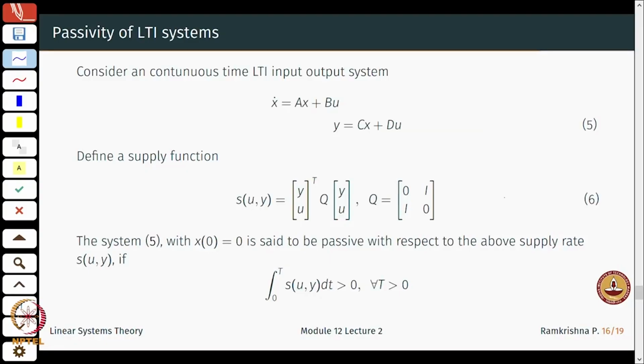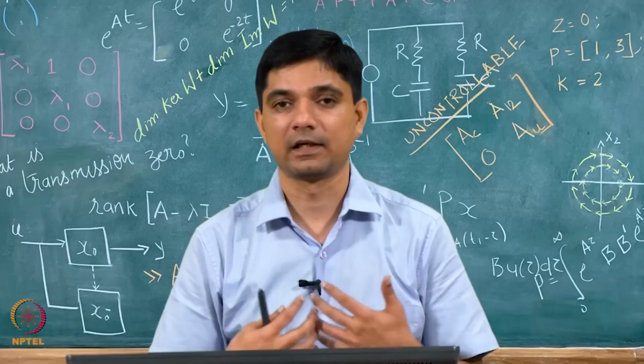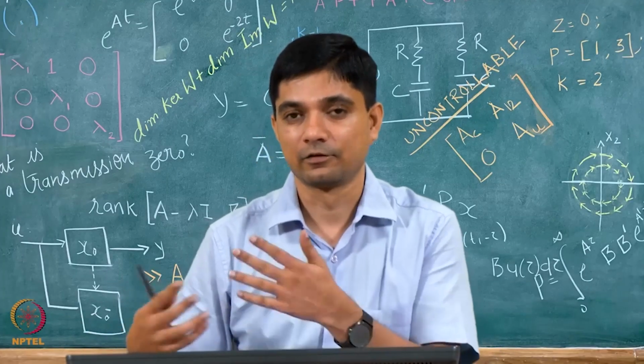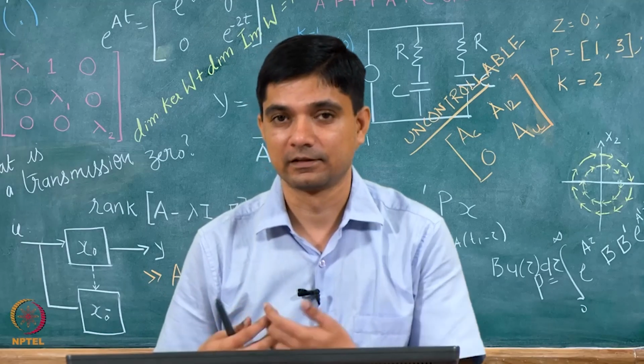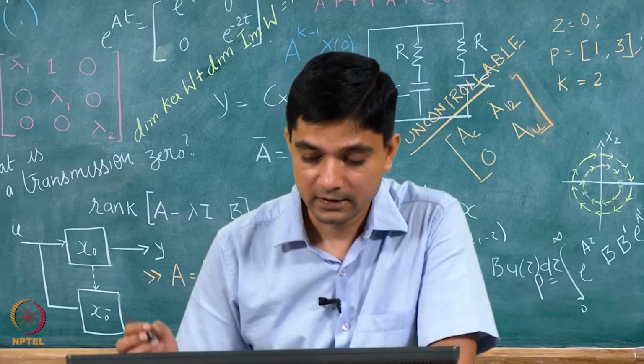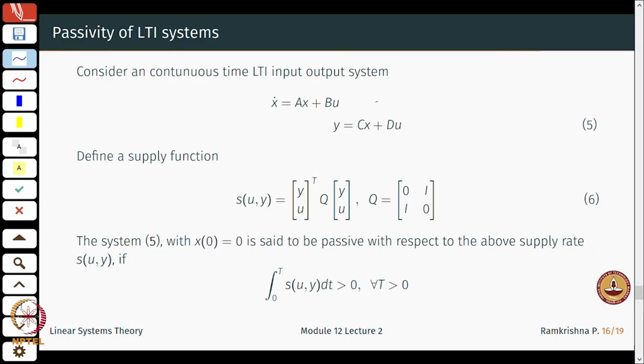Okay, the last thing is about passivity. This is something which we do very often, but we do not really think that we are working within the concept of passivity. So, I start with an input output system: x dot is Ax plus Bu, y is Cx plus Du.